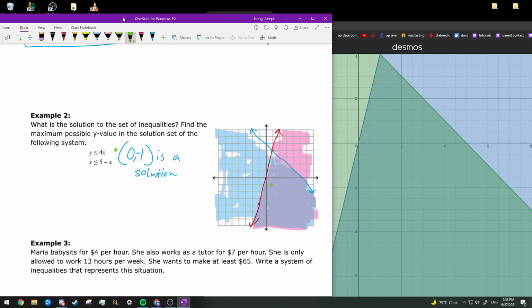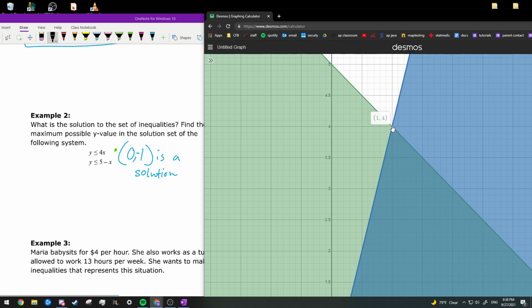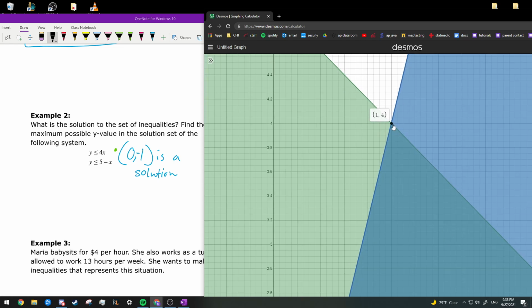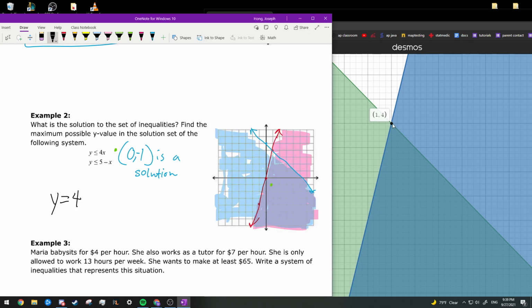So it says to find the maximum possible y value of the solution set. You see how it creates a triangle right here? I need to find the y value of where they're intersecting, because where they intersect is going to be my highest point. So y equals 4 is my max possible y value.